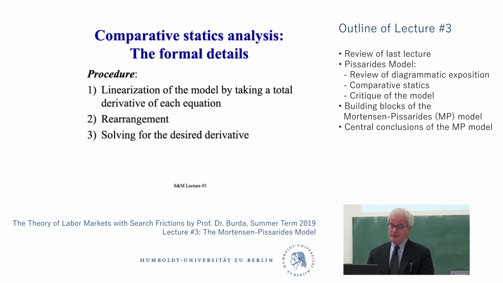So you'd expect the VS curve to lie above the VS curve previously. Firms will be willing to post more vacancies because it's more attractive, and the value of vacancies will have risen above zero. And similarly, if productivity falls, the VS curve rotates clockwise to a position below the previous one.